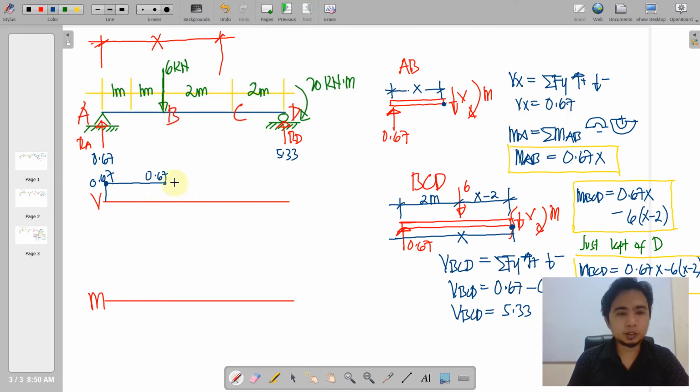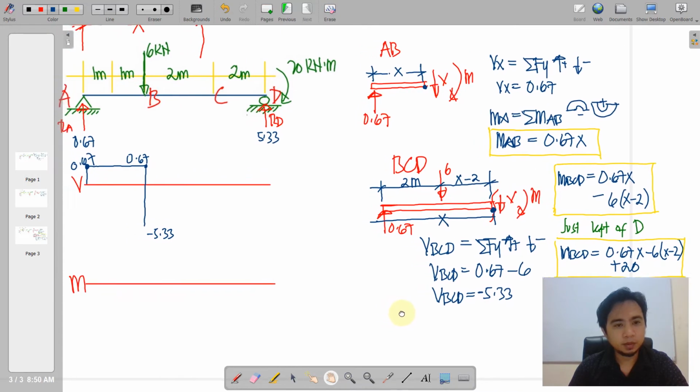And then just right of B, we can apply this equation, in which at this point from 0.67 it will go down by 6 units. So 0.67 minus 6 is negative 5.33. Actually, this is our equation, negative 5.33.